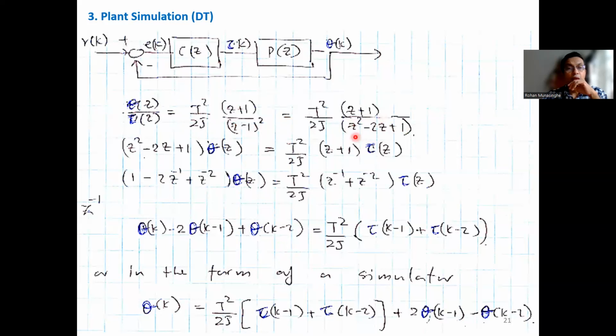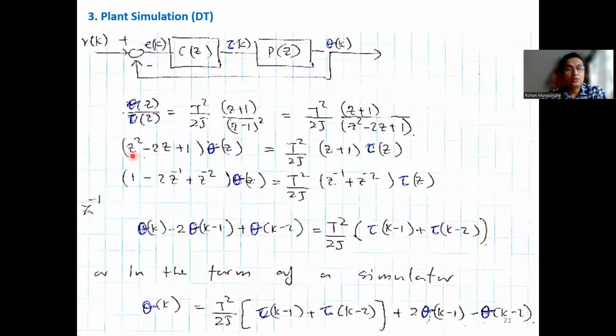Then you cross multiply, and theta(Z) times the denominator here is equal to T squared over 2 times Z plus 1 times tau(Z). The tau goes to the right-hand side, and theta remains on the left-hand side.